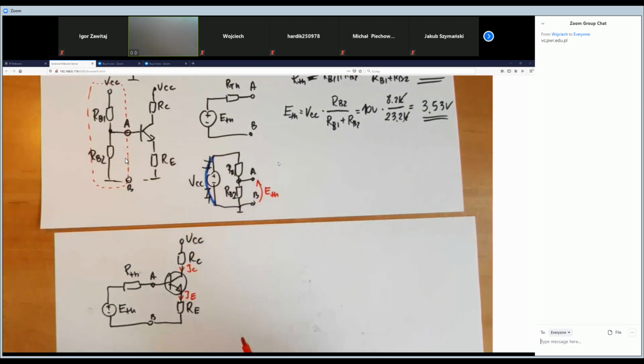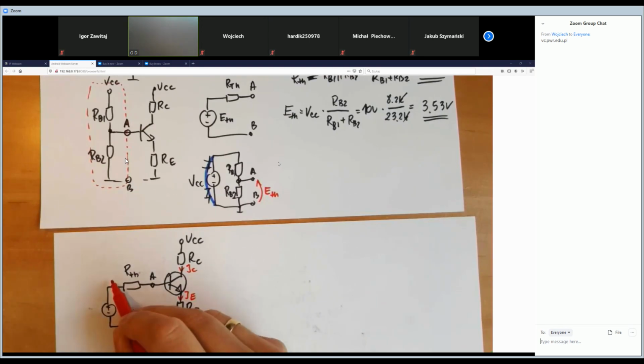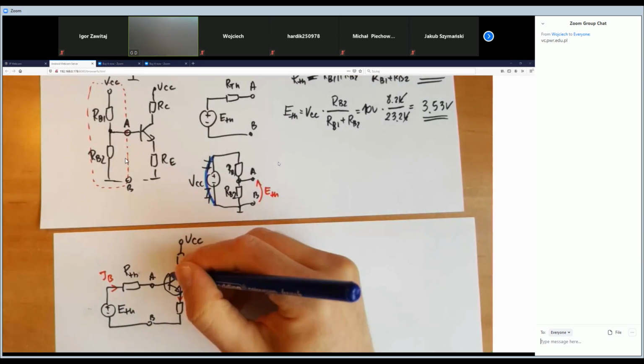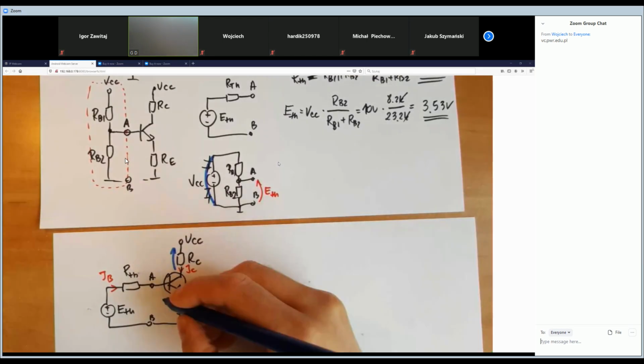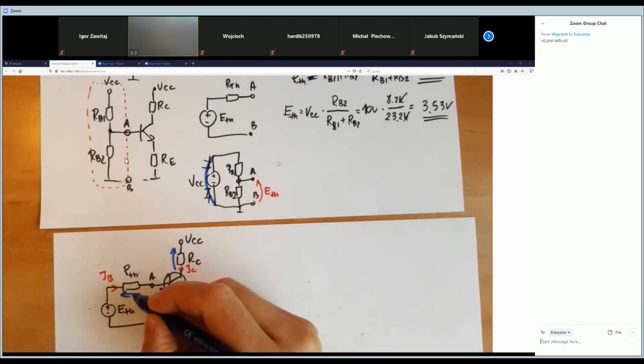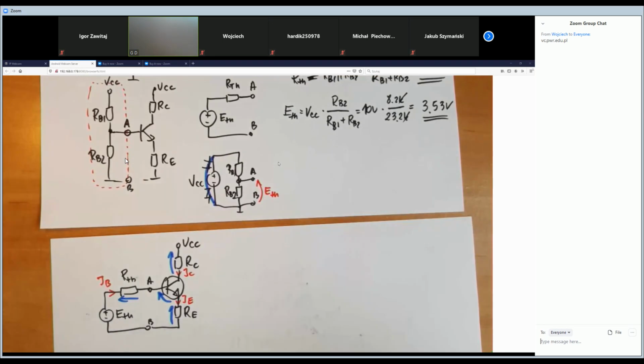As you see, if we plug the Thevenin equivalent circuit into the base, from the ETH source we have the base current, which passes through RTH and enters directly into our base. So the voltage drops here, here, here. This is the base-emitter voltage drop here, and RTH.